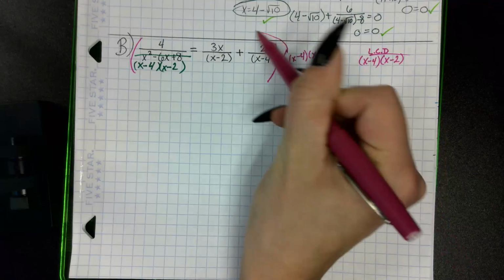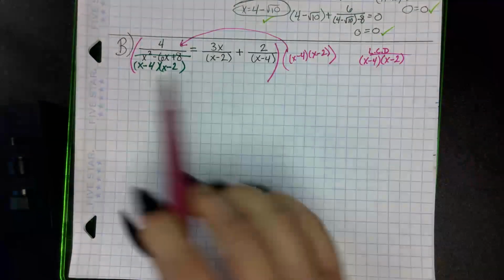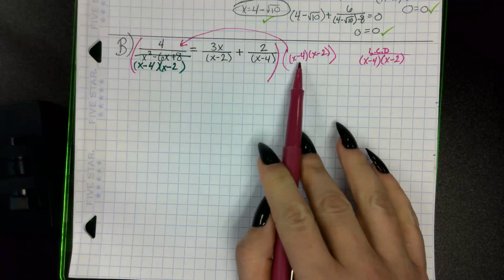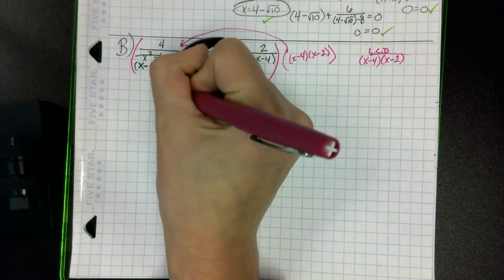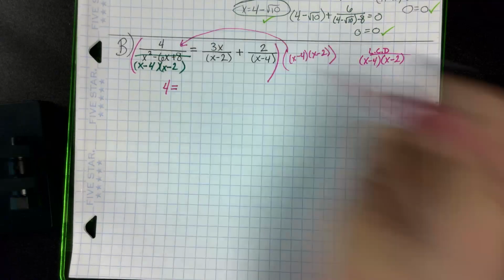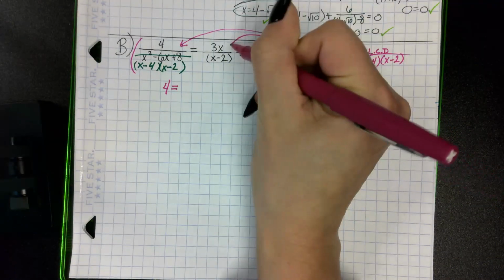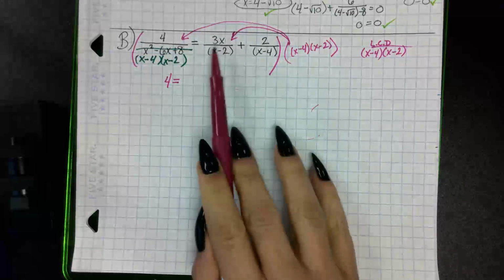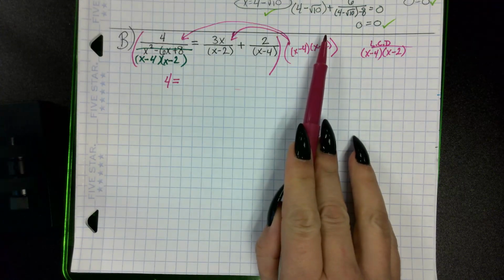When I multiply the first fraction, I have x minus 4 in the bottom, it cancels. I have x minus 2 in the bottom, it cancels. So it's just 4, exactly. So then I go to the second one. This one has an x minus 2 in the denominator. So it's going to cancel the x minus 2 in the LCD.